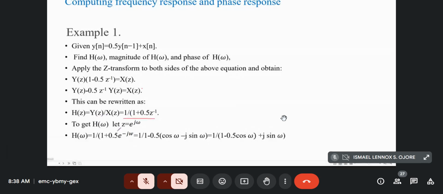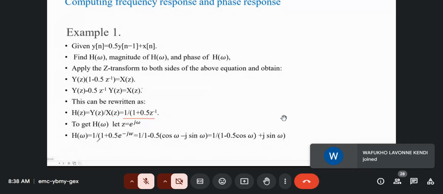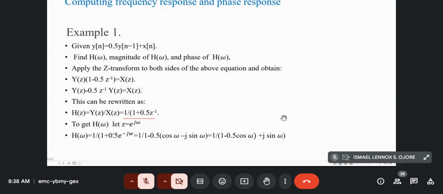And then, to get the frequency response, we have to let z be equal to e to the j omega. So H(omega) is 1 over 1 plus 1 over 1 plus 0.5.